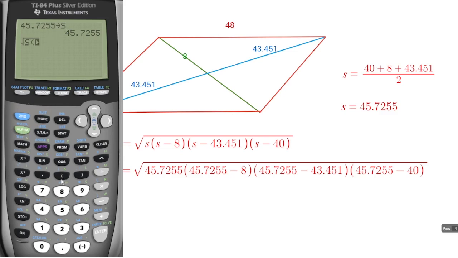So times S again, so I don't have to retype all that, minus 8, and then times the semi-perimeter minus 43.451 times the semi-perimeter. Still quite a bit of typing here, but at least we can save a little bit there. All right, so there we go. That is going to be the area of that left-hand triangle.